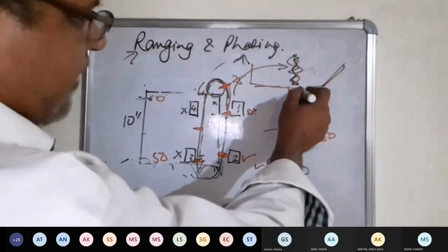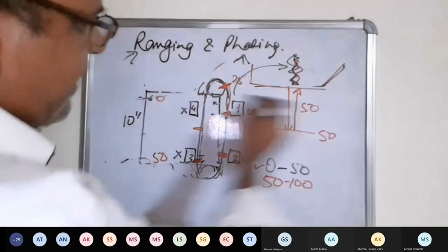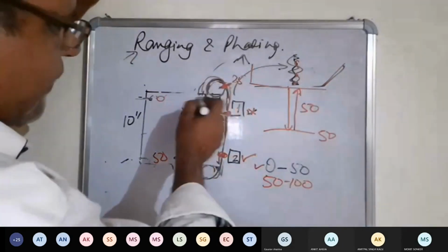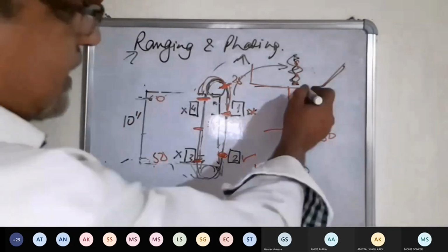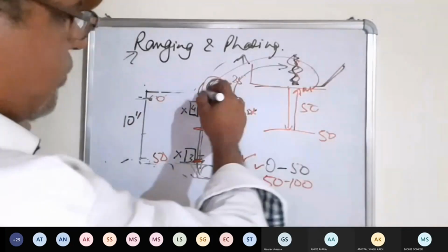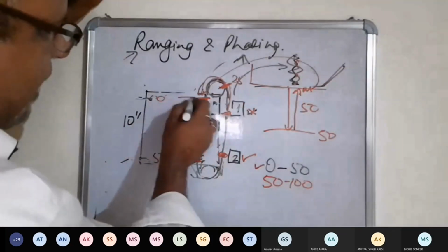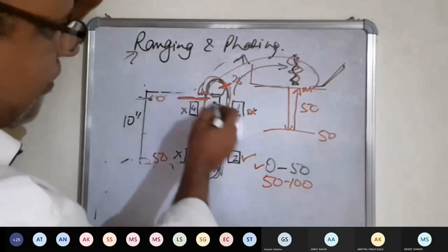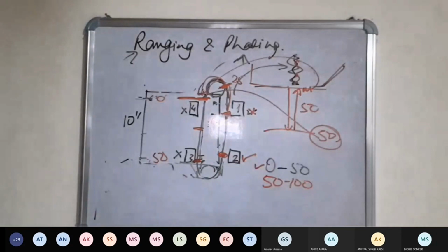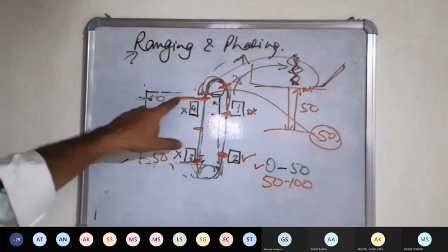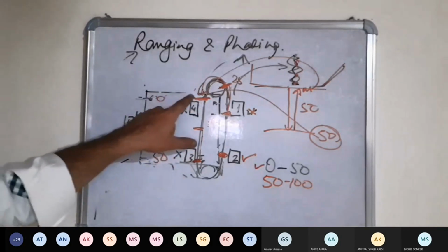When the reflection is coming back another 50 meters, this stylus will come at 0 point. The signal is received and it is given to the stylus. The marking is taking place here. For what depth? 50 meter. 50 meter marking is happening at this place.